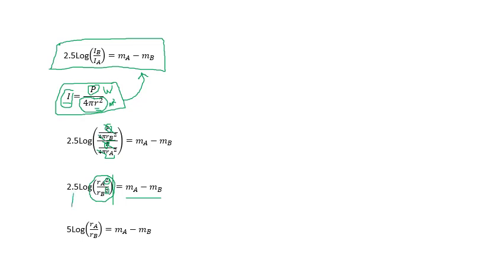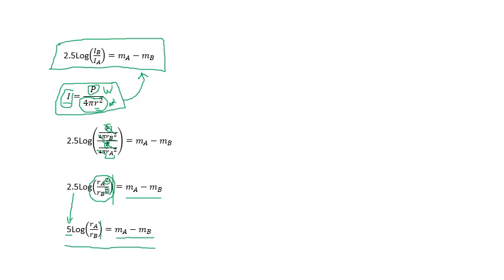So our 2.5 is going to be multiplied by 2 to reach 5, and we can now lose the squares from inside the logarithm because they're now represented by the 5 outside. So here it is. This is a really useful formula for showing us how the magnitude scale is going to change when we move from different distances.